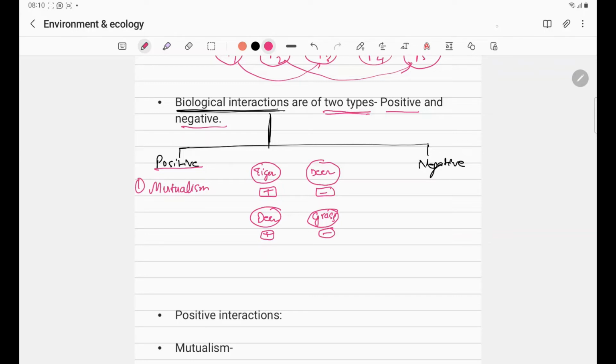In mutualism we will study two types of interactions. First is symbiotic and the second one is proto-cooperation. And the second type of positive interaction is commensalism.